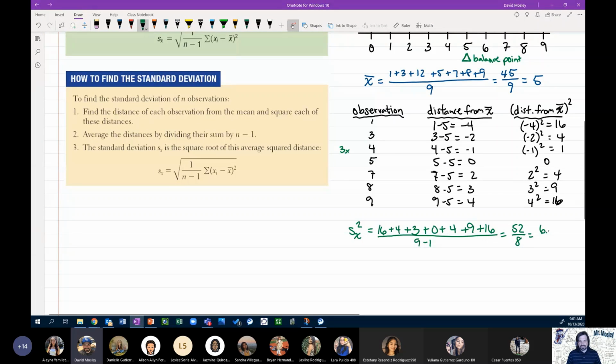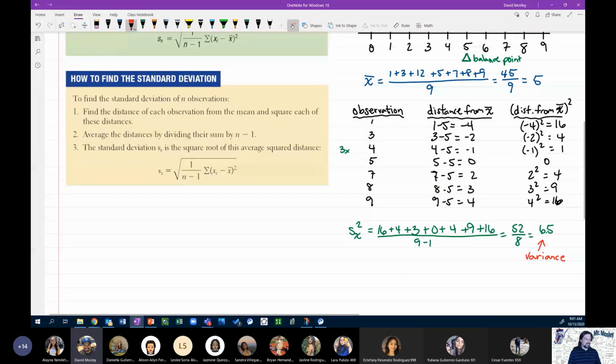We get 6.5. Right. This number here is what's called the variance. All right. So we have our variance now.